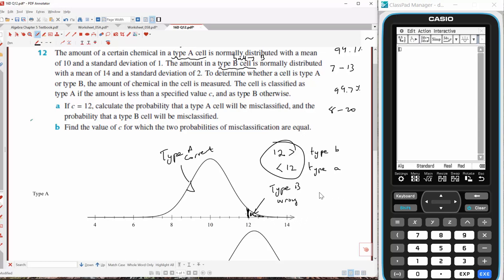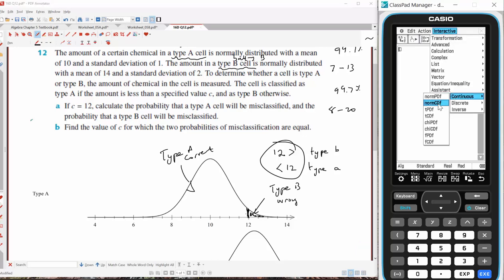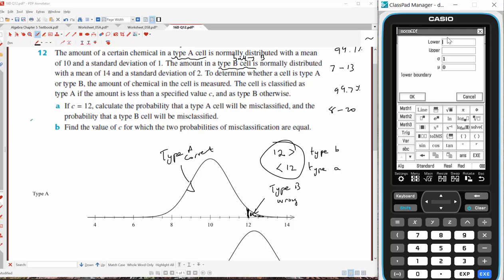So we're going to use normal CDF, or whatever it's called, distribution continuous norm CDF. Now our lower bound is 12. Our upper bound is going to be positive infinity.